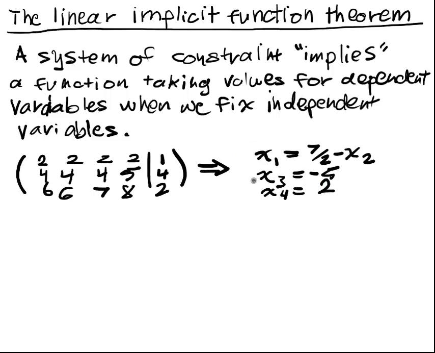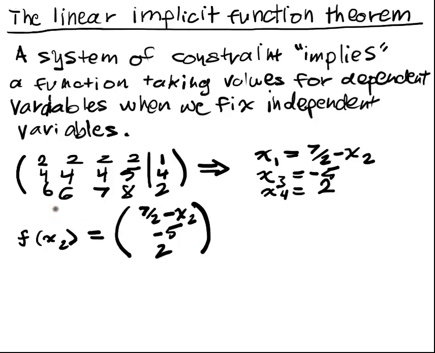Well, this actually implies a function, right? So this is my independent variable, and these are my dependent variables. So this implies a function, f of x2, right? So if I know the value of x2, then I'm gonna pump out the values for x1, x3, and x4, and it's gonna be 7/2 minus x2, -5, and 2.